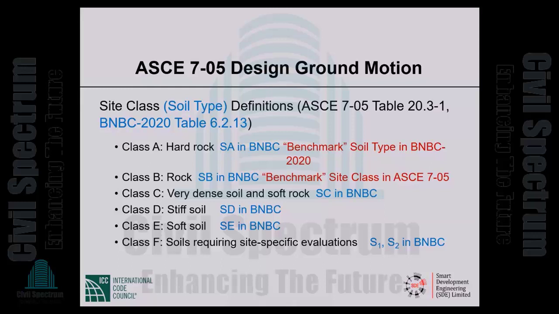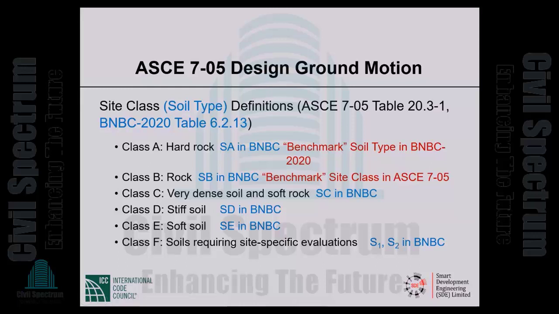In BNBC, the site classes are called soil types. The site class A is soil type SA, B is SB, C is SC, D is SD, E is SE. F, however, has been split into S sub 1 and S sub 2. These are all defined.